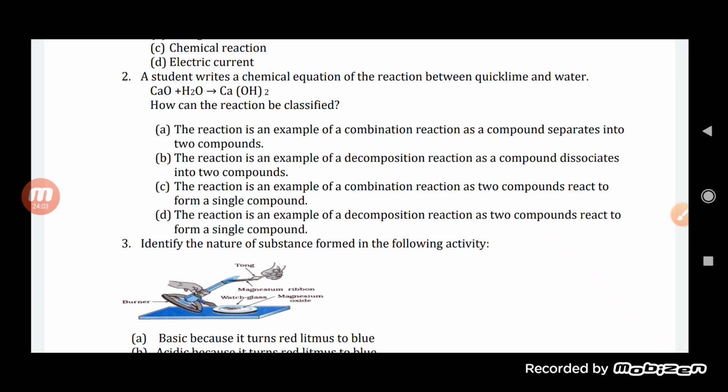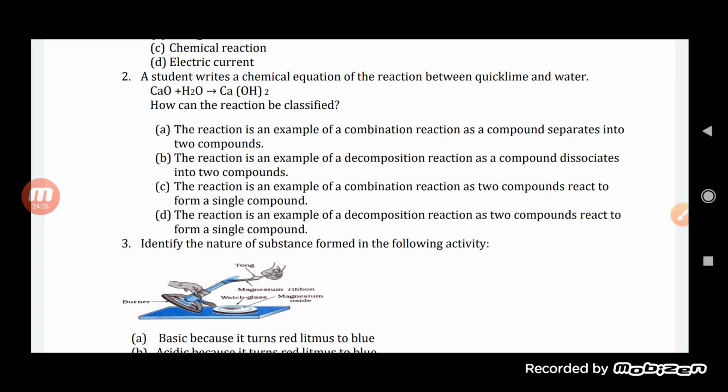Now this reaction can be classified as follows. The options are: an example of a combination reaction, as a compound separates into two compounds; an example of a decomposition reaction, as a compound dissociates into two compounds; an example of a combination reaction, as two compounds react to form a single compound; or an example of a decomposition reaction, as two compounds react to form a single compound. Here you can see that two different compounds react together to form a single compound, and this reaction is an example of a combination reaction.